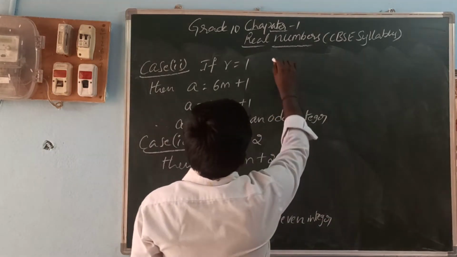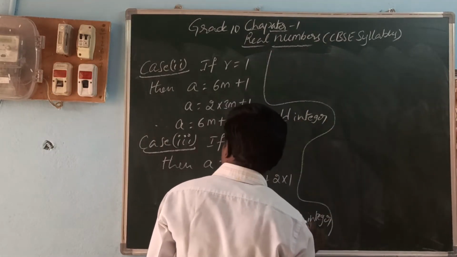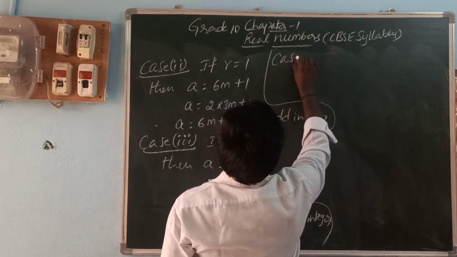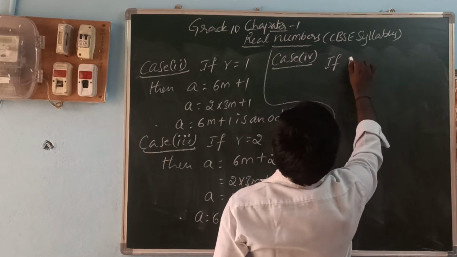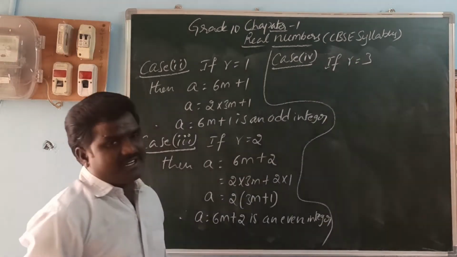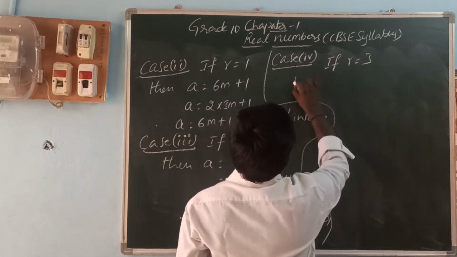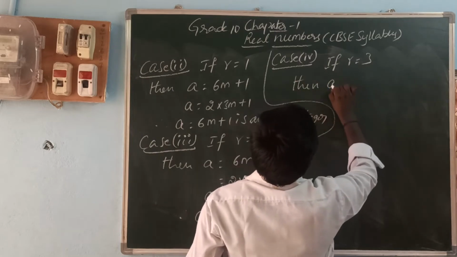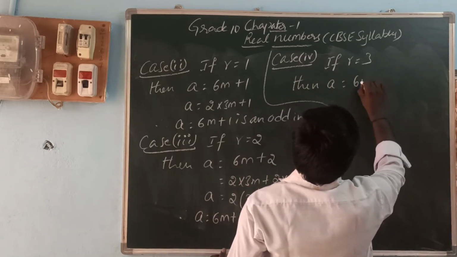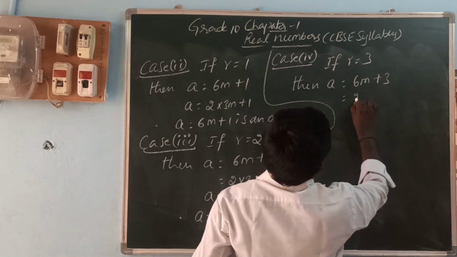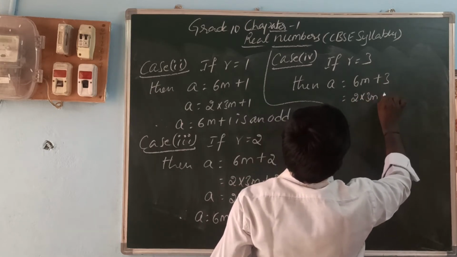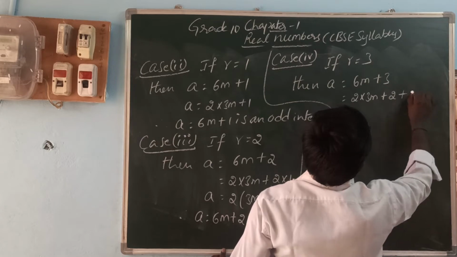Next, case 4. If the remainder r is equal to 3, then a is equal to 6m plus 3. How can you write 6m? 2 into 3m plus 3, and 3 we can write as 2 plus 1.